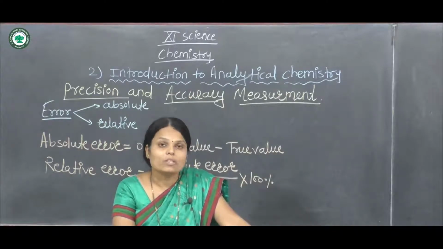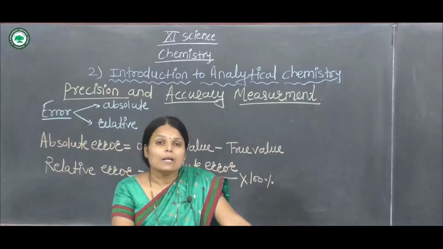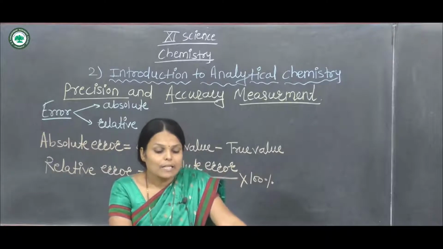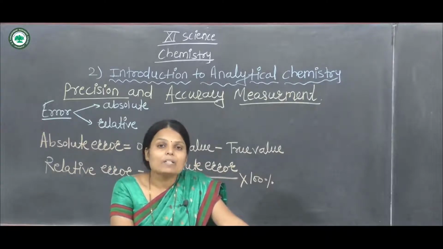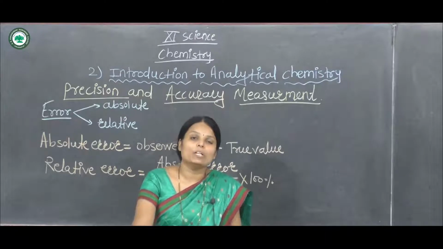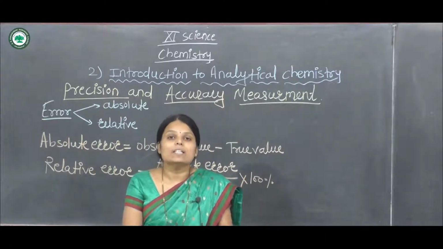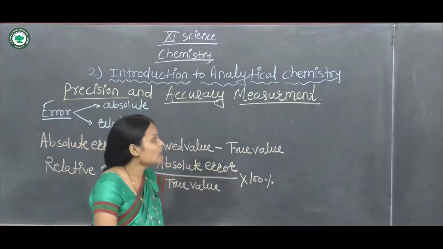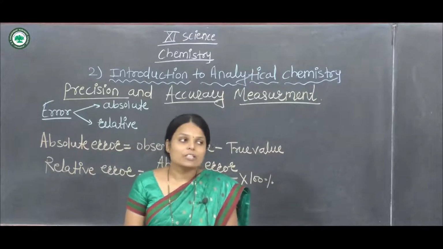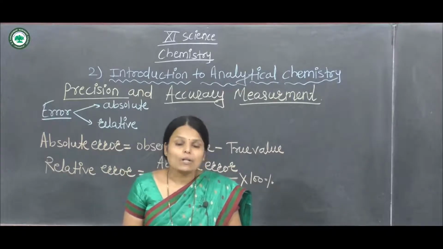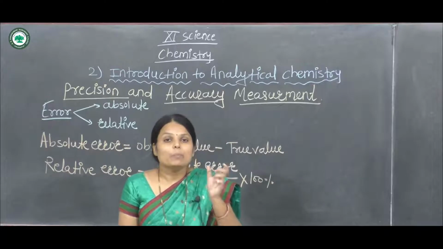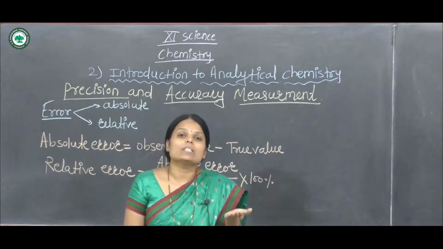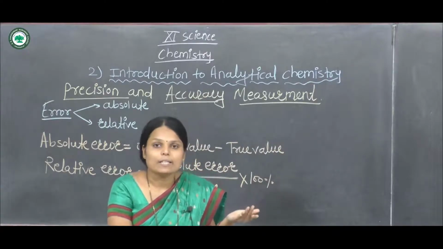The reading nearest to the true value is called accuracy. The larger the accuracy, the smaller the error. Means if a small error is given in the experiment, the accuracy is more.